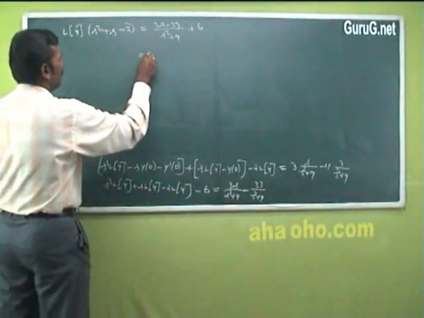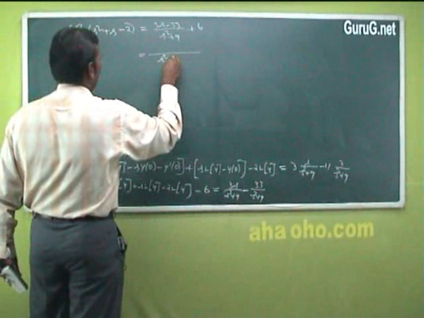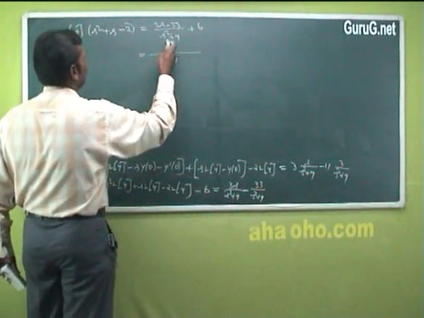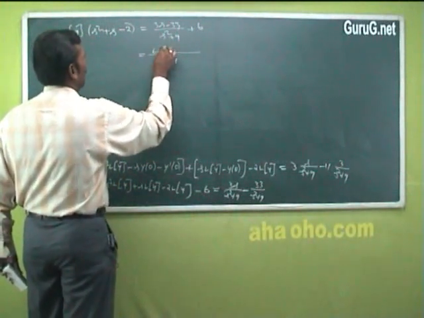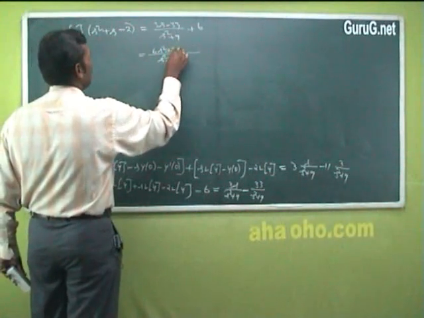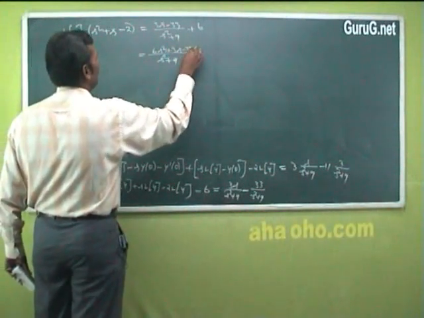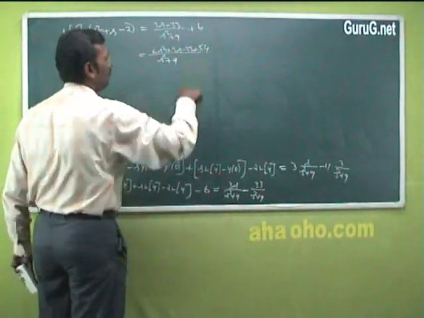So again you take LCM. So s squared plus 9, cross multiplied, so 6s squared plus 3s minus 33 plus 54, right?